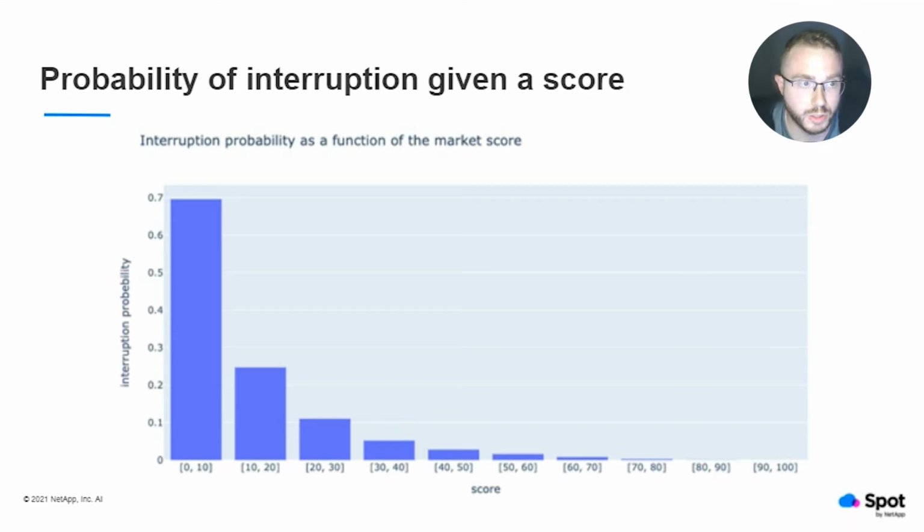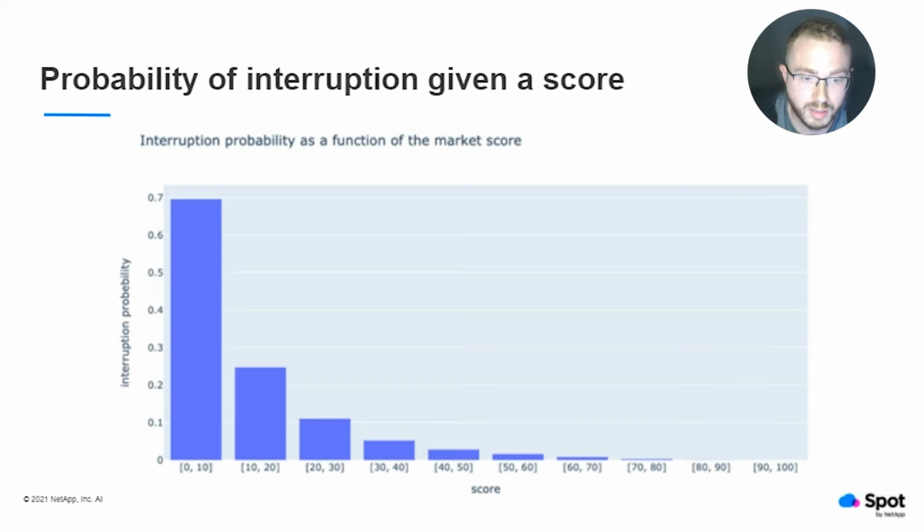And this is what we are showing here: the probability of interruption given a score. If the score is between 0 and 10, you can see that there is a 70% chance for this market to get interrupted in the next 30 minutes. And as the score gets higher, the chance for interruption drops a lot.